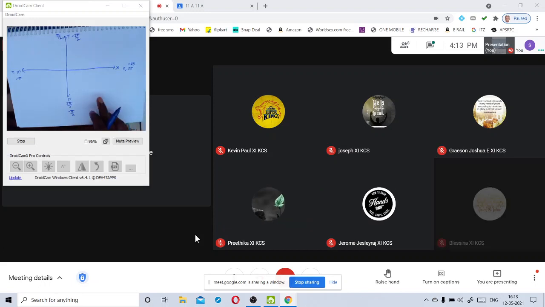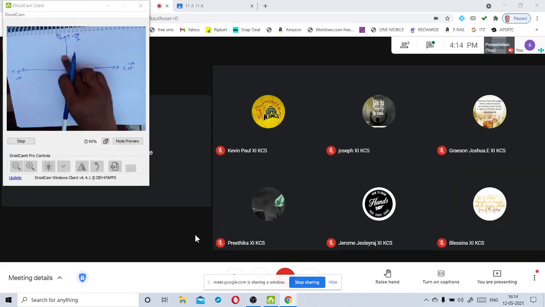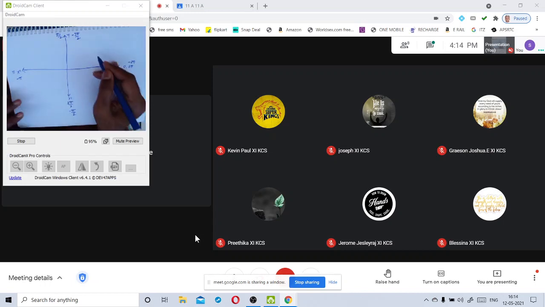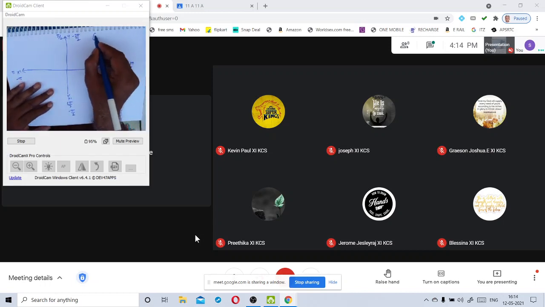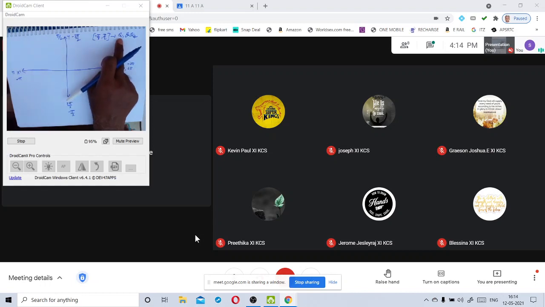So minus pi by 2 to pi by 2 means first and fourth quadrant. Close interval, the angle lies in the first and the fourth quadrant.